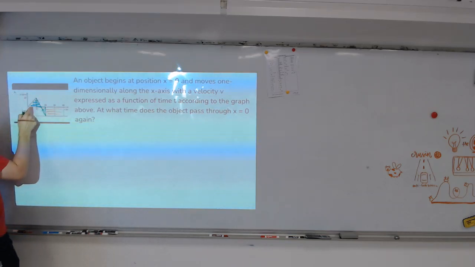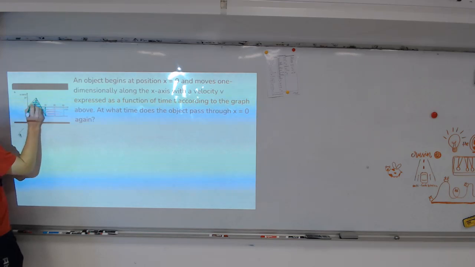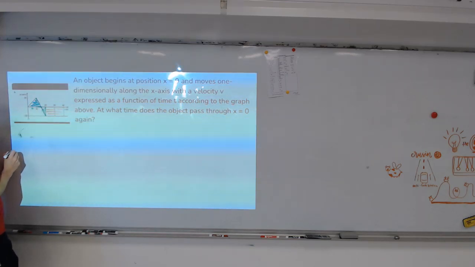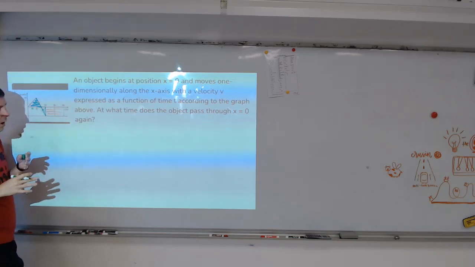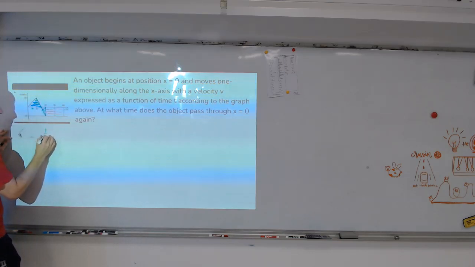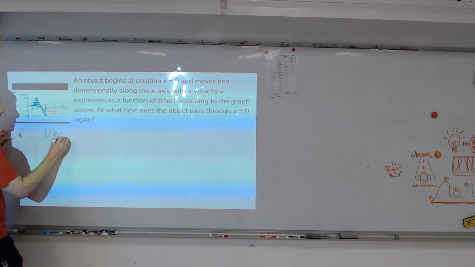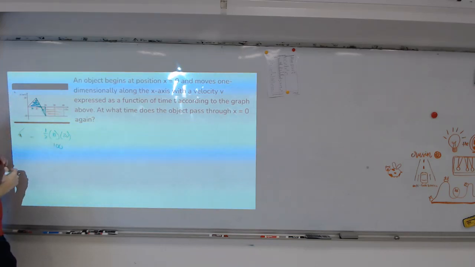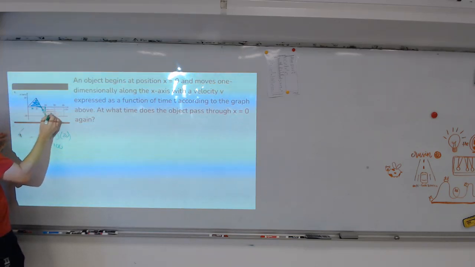So what I'm left with here is this triangle. Okay, this triangle has a base of 10 and a height of 20. You can do this again logically if you want. You can just go 1/2 times 10 times 20, and I'd get 100. Okay, that means I need to go through 100 here.